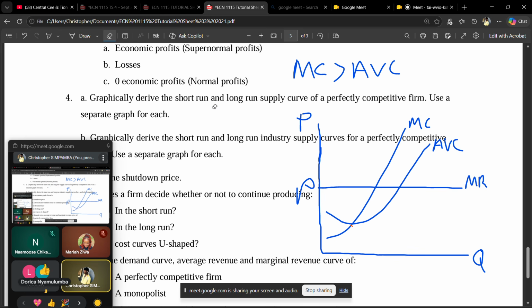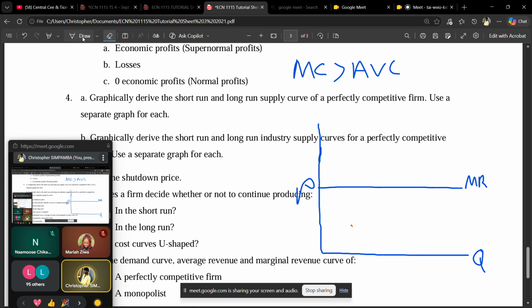All right, so that is that. Now let us talk about the perfect competitive supply curve for the long run. It will be like this, a horizontal line.